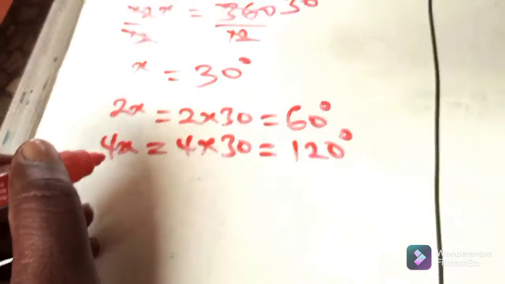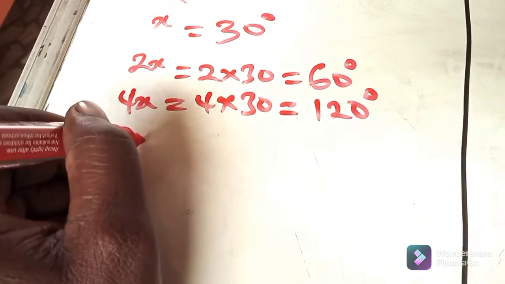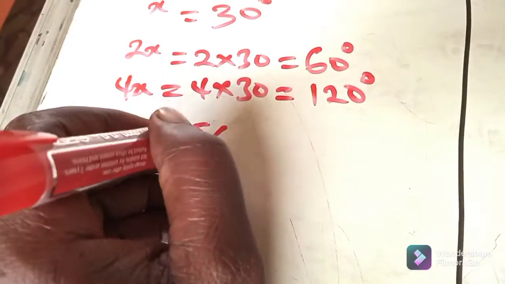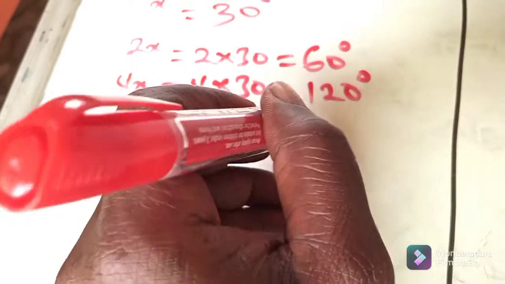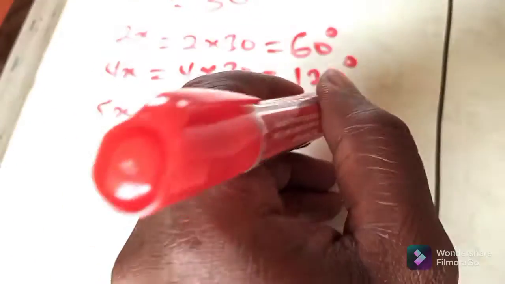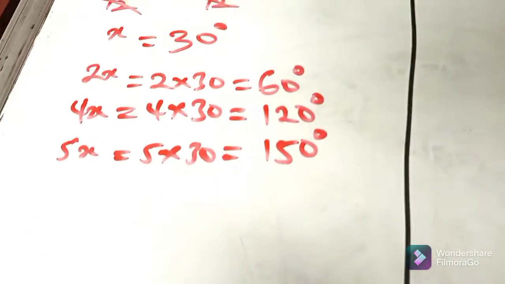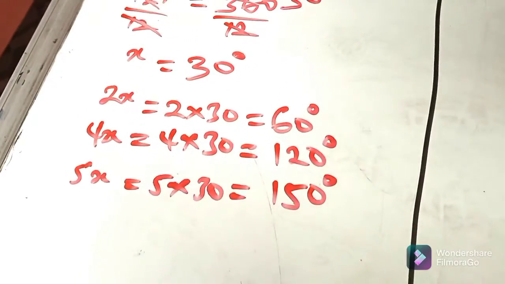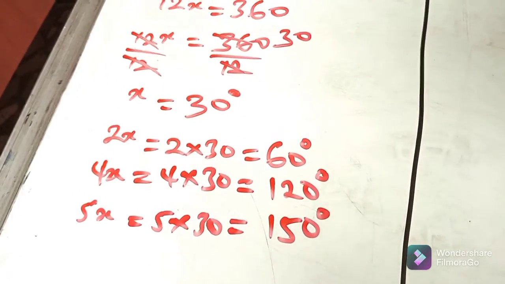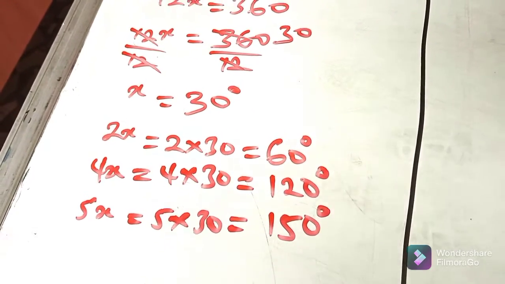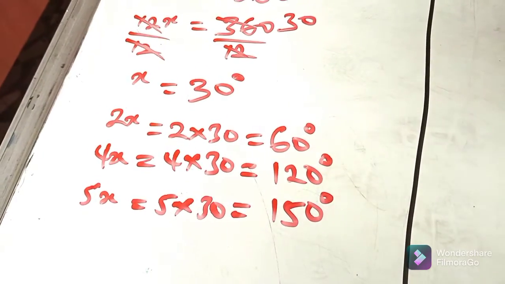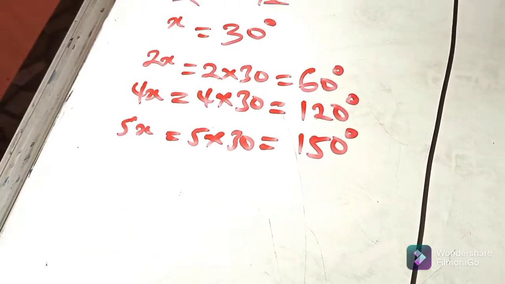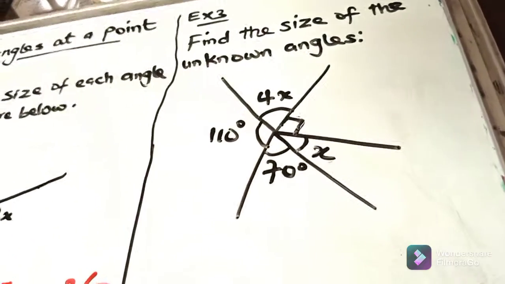Another one is 5x. That will be 5 times 30, which will be 150 degrees. So you can see that we have gotten the angles: x, which is 30, 2x 60, 4x 120, then 5x 150 degrees. Now let's go to the third example.